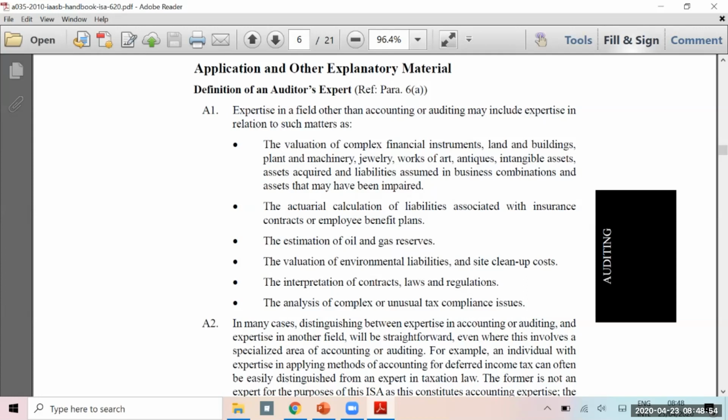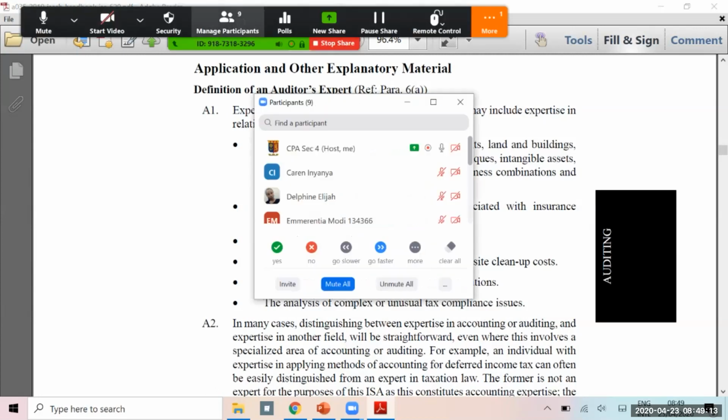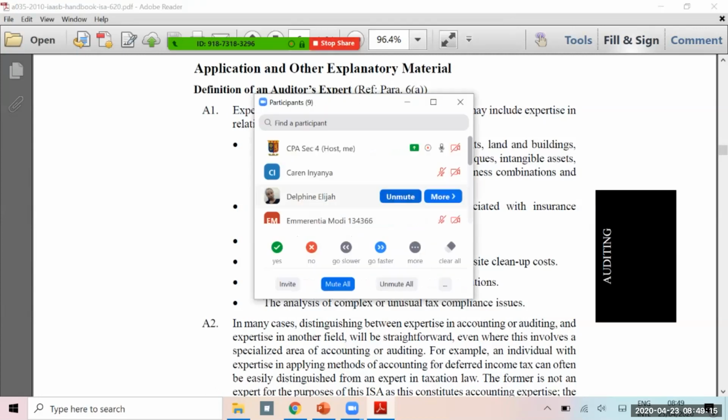So you need to make an estimation of how much oil is under the ground for your client. Don't forget, you're not an expert. Now, in that instance, who would you require? You want to determine how much oil is under the ground. Who would you require? Let me check someone out. Delphine.